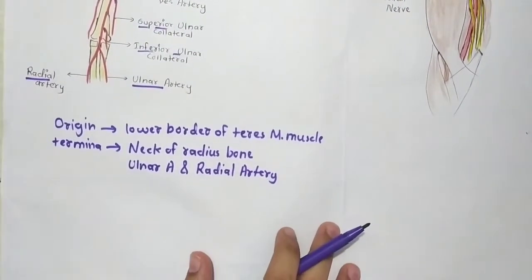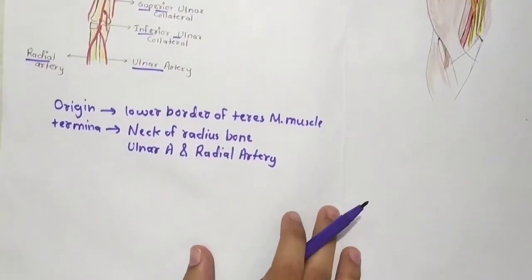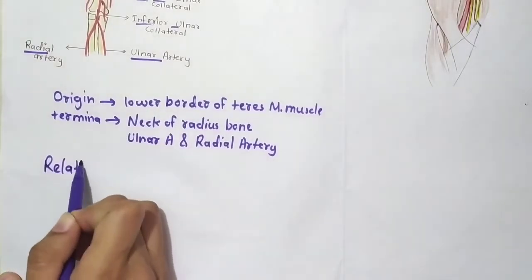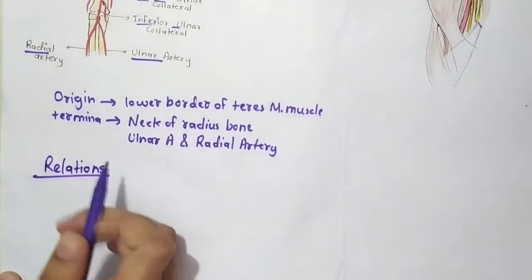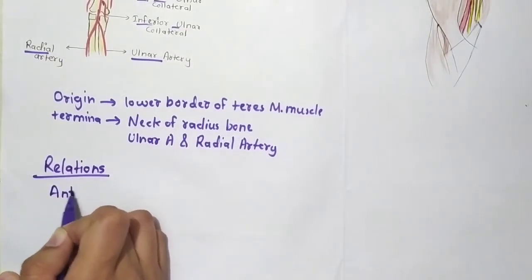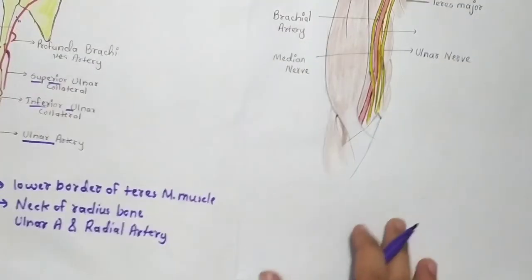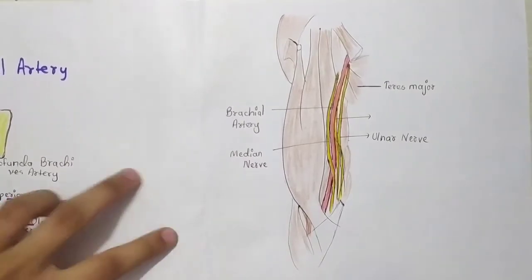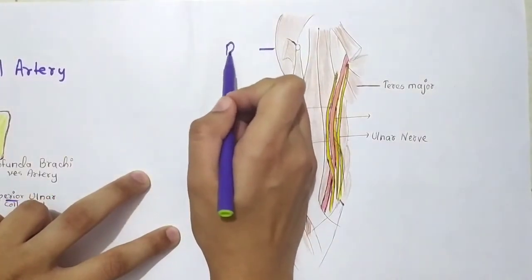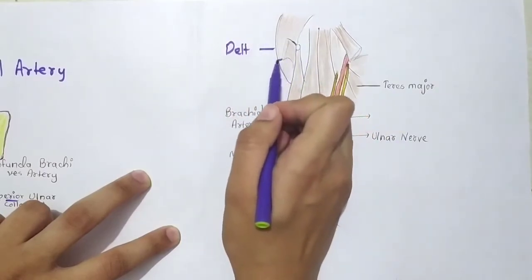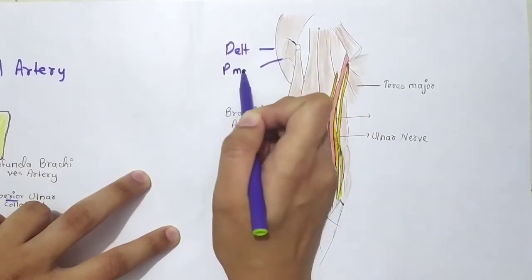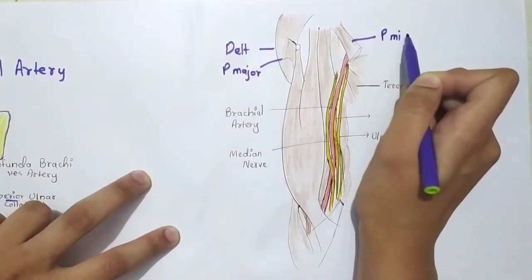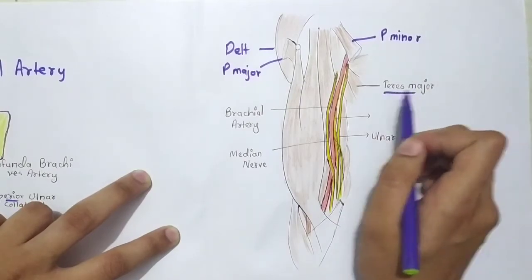Now we'll see the relations, starting with the anterior relation. For the relations, there is a diagram. You can see this is the deltoid muscle. This is pectoralis major. This is pectoralis minor. This is teres major.